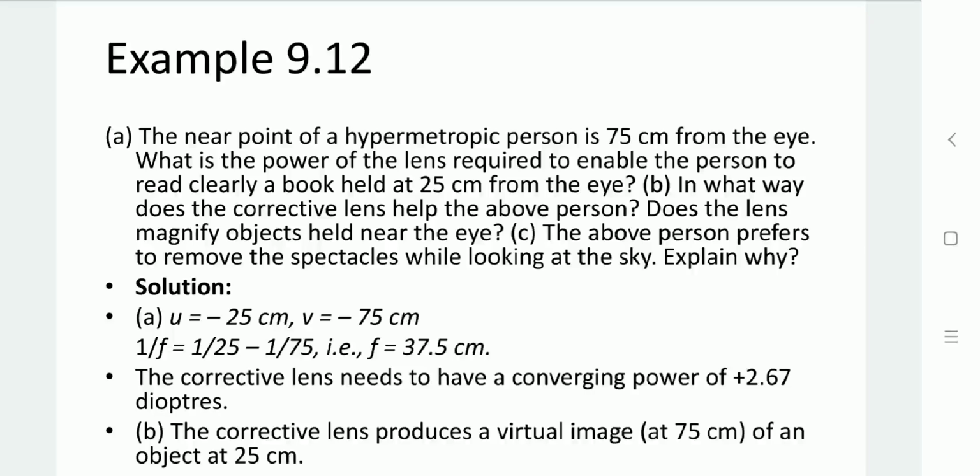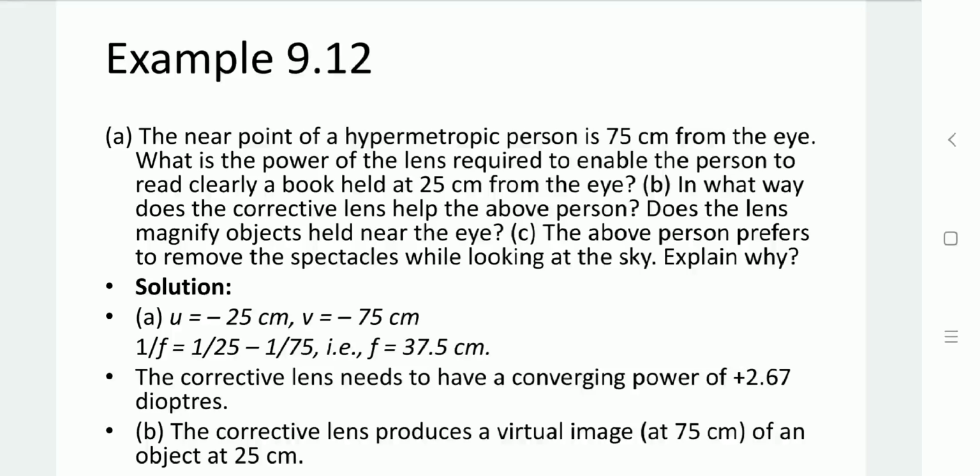Here, let us focus on the first point. For the hypermetropic person, the near point is 75 centimeter, and for the normal eye, u should be 25 centimeter. So u is minus 25 centimeter, v is minus 75 centimeter, and for the focal length equation we have 1 upon f equal to 1 upon v minus 1 upon u.